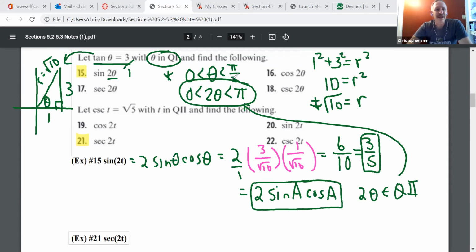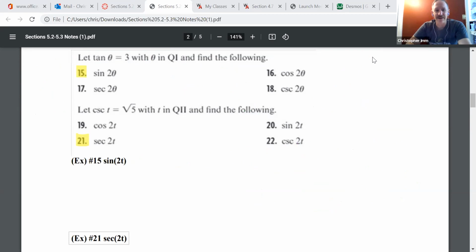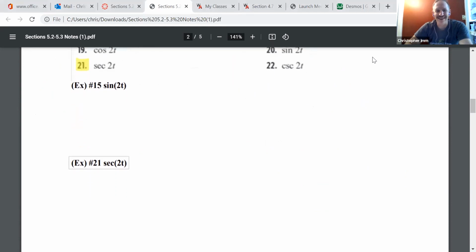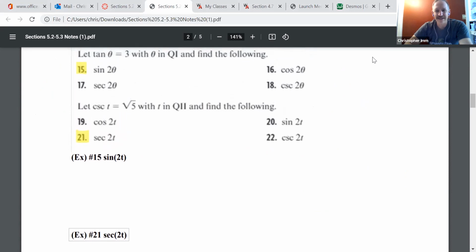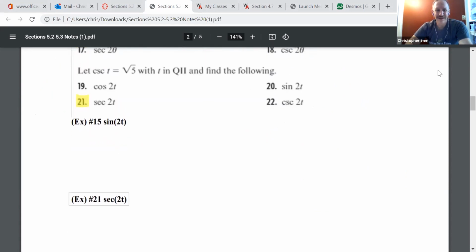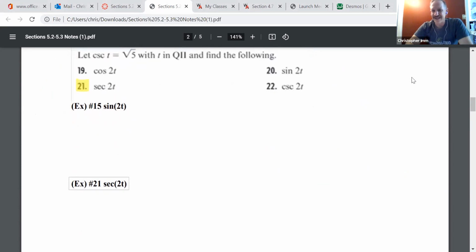Okay. All right. So my next one, I have secant of 2t. Secant of 2t. All right. So we have a problem again. Secant of 2t, we just don't know a formula for secant of 2t, but we have 3 different formulas for its reciprocal, right?